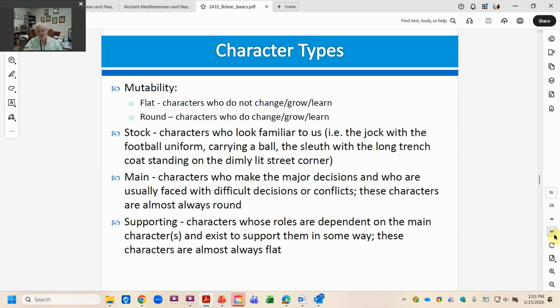You also have stock characters. So these are kind of fill-ins. Sometimes we would think they're stereotypes. They're based on a really familiar kind of character, like the jock or the Cinderella or something like that. For an unskilled author, a stock character can be boring.